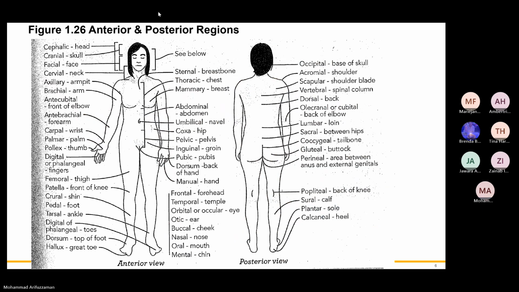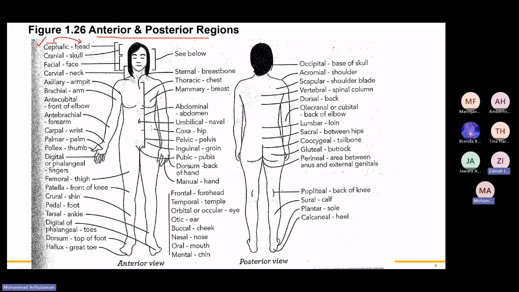Now you can see here the anterior and posterior regions of the body. Again, when describing the anatomical structures in the head and trunk of the body, the following terms are very similar. It's very important for the TEAS exam, this slide. Cephalic means head.